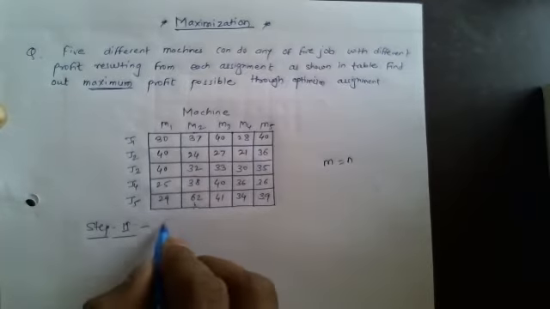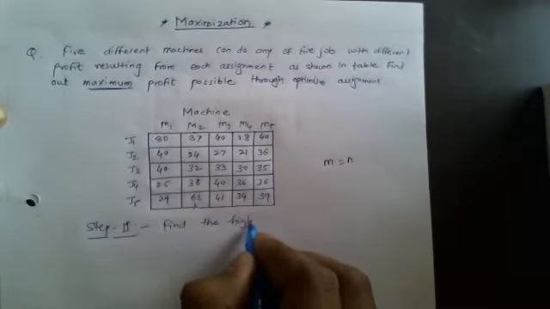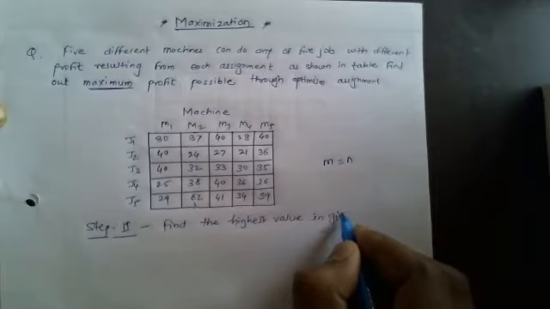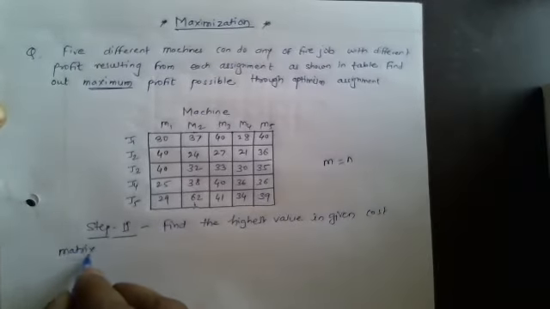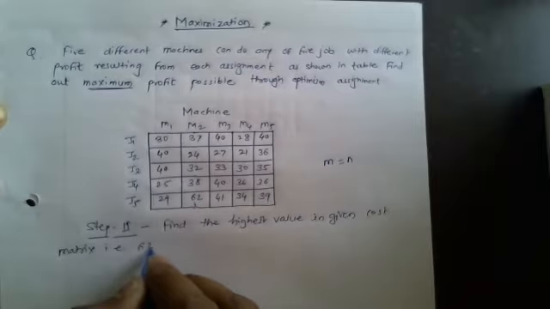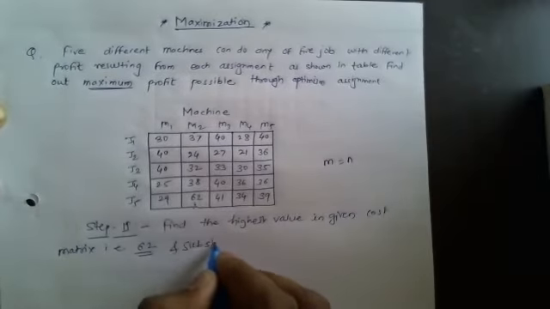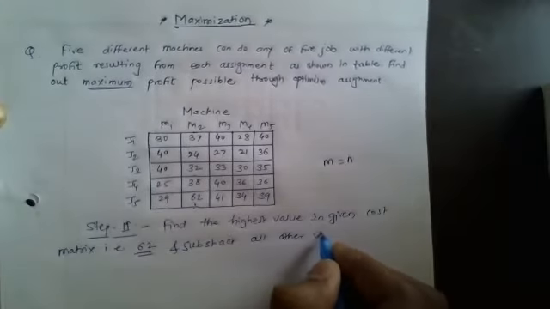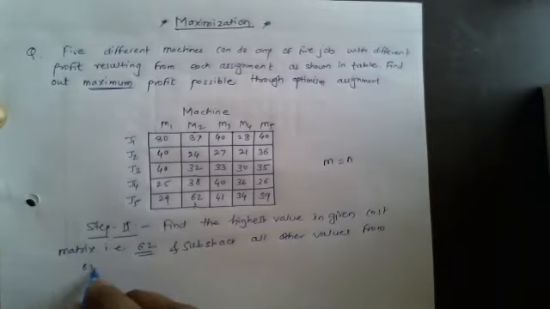Means find the highest value in the given cost matrix, that is here 62 is the highest value, and subtract all other values from 62.